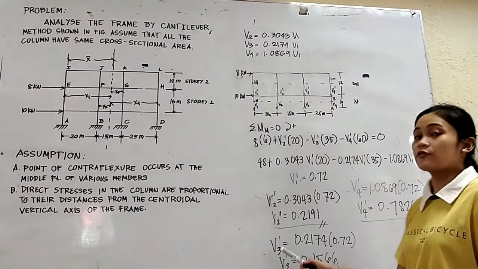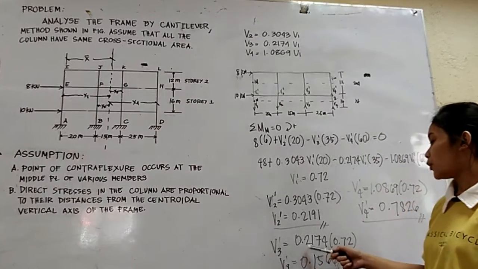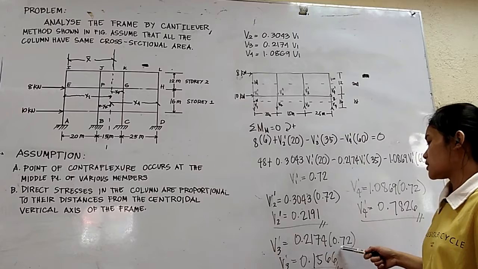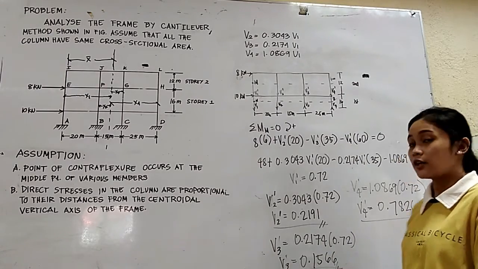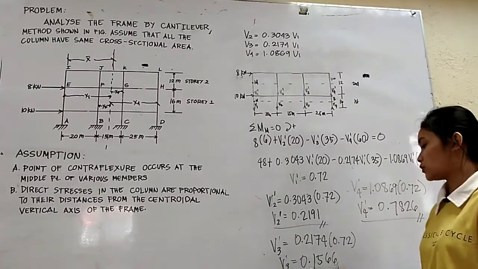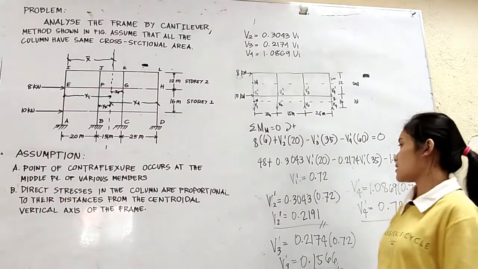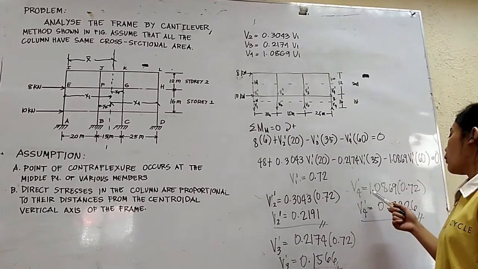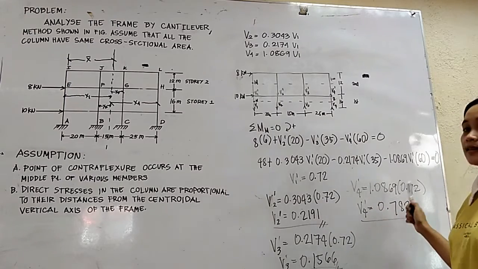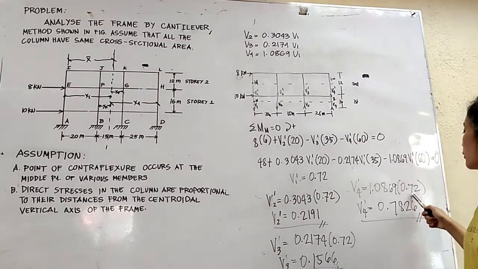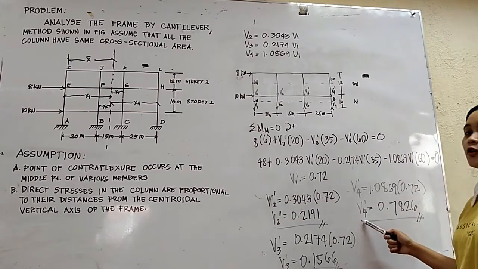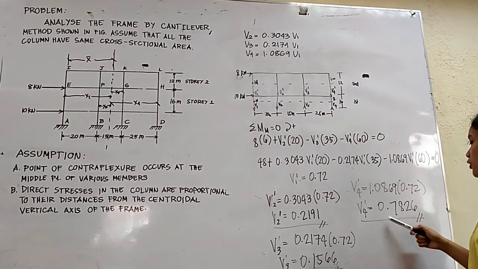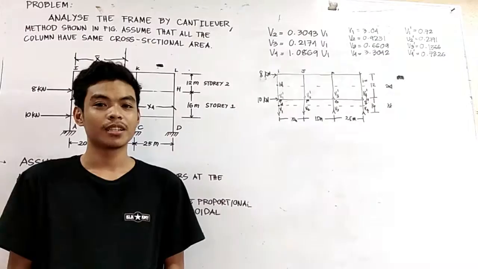So, the same for V3 prime, 0.2174 times 0.72, the value of our V3 prime is equal to 0.1566. For V4 prime, 1.0869 times the value of V1 prime, which is 0.72. The value of V4 prime is equal to 0.7826.